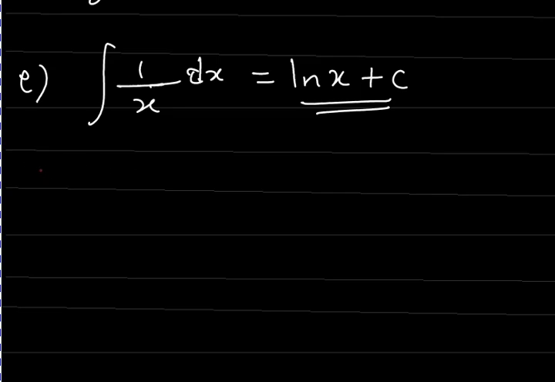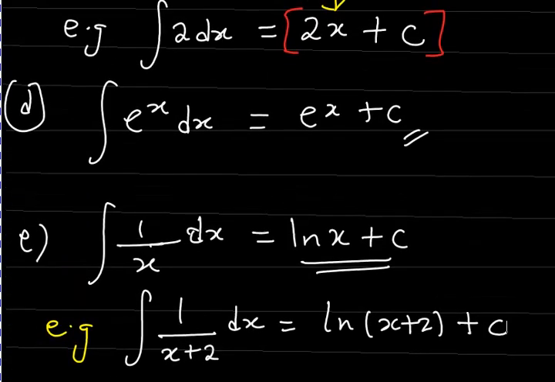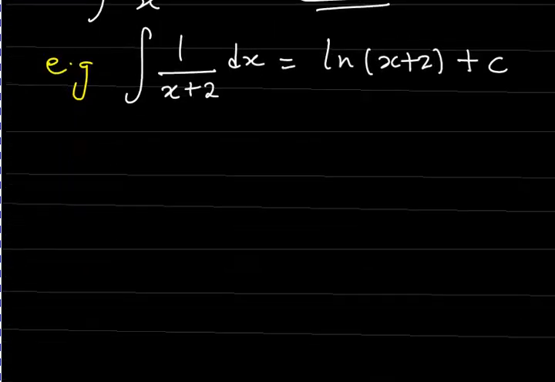For example, let's say you are asked to evaluate the integral of 1 over x plus 2 with respect to x. This is simply ln of x plus 2, plus c.